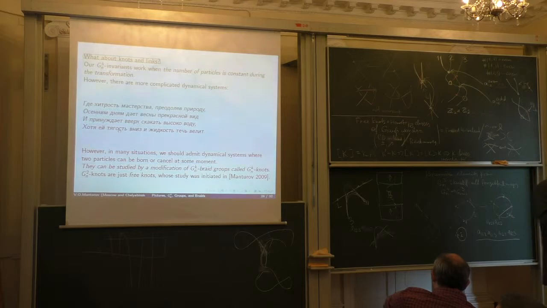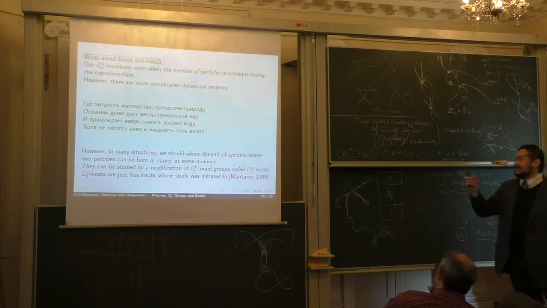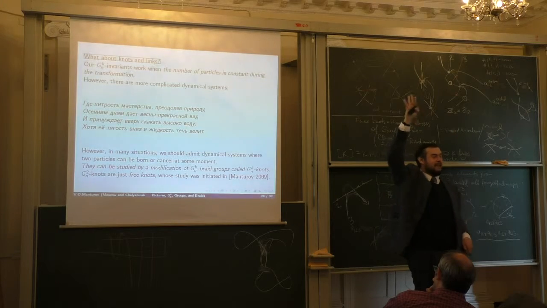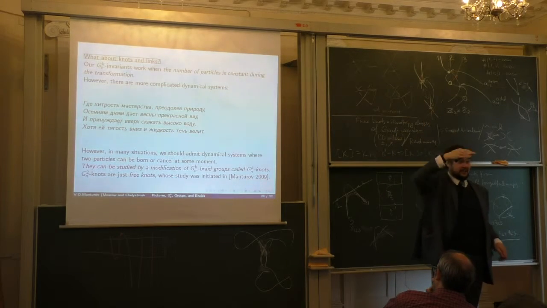But we already know that GN2 knots are very much complicated and they possess very powerful invariants. You know, usually for braids life is very easy. Everything goes down and it never goes up. And we have just groups.